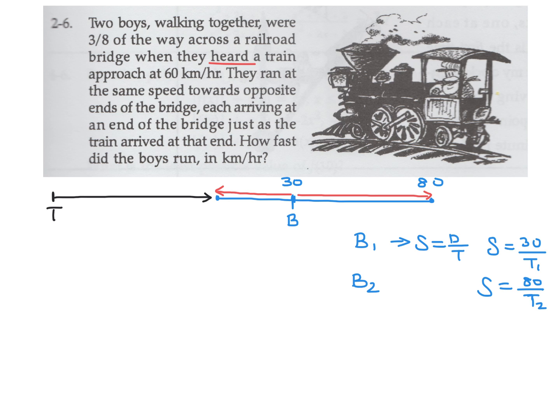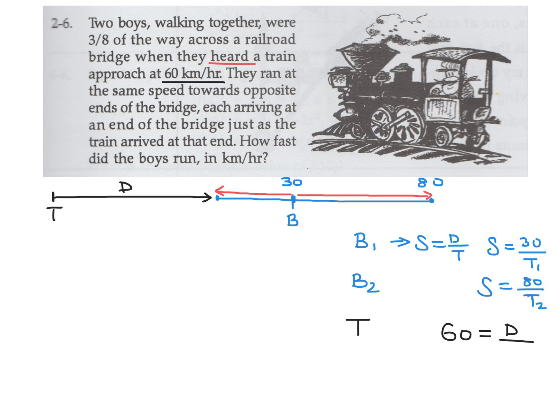And then for the train, speed equals distance over time. Well, the speed is given. That's at least good. That's 60. And the distance I don't know, so I'm going to call it D. The time: there are two different scenarios here.